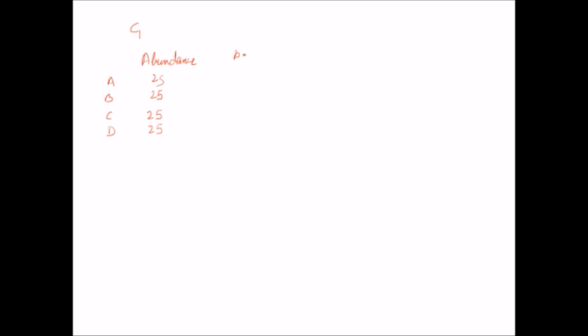Now we have to calculate Pi. How will we calculate the proportion of the population? I have told you, I will divide the number of a particular species by the total population. Then it will come 0.25, 0.25, 0.25 and 0.25.